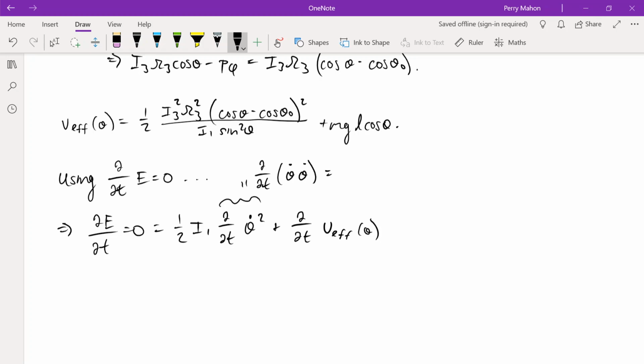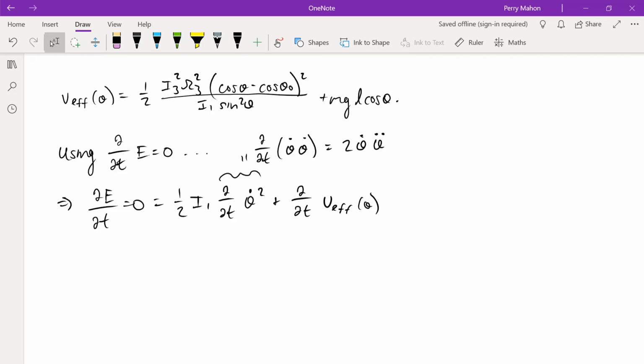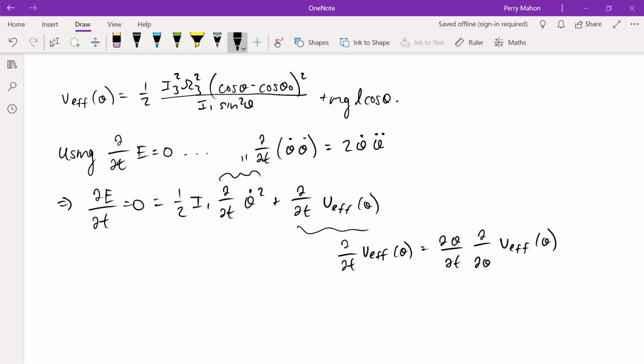So this is just 2 theta dot theta double dot, using the chain rule. Sorry about that. And then we'll use what I mentioned before: d by dt of V effective of theta is just d theta by dt d by d theta of V effective of theta.